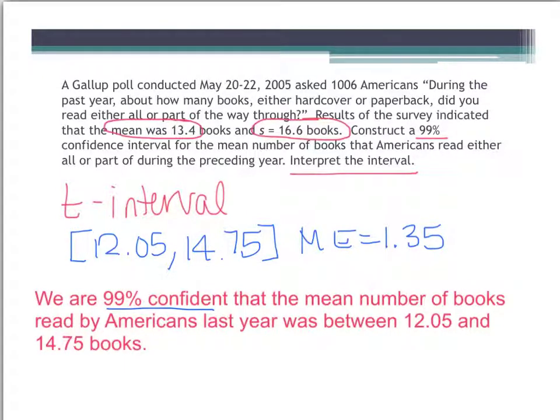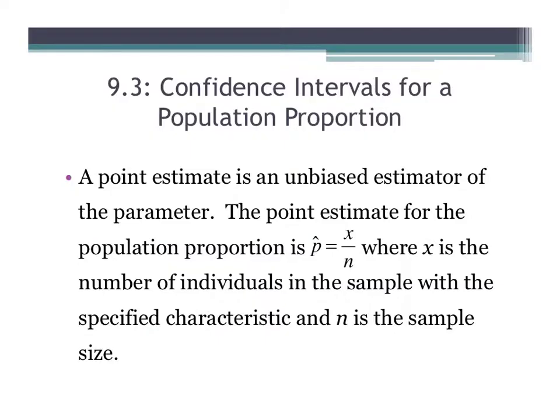And then what are you confident about? Well, we're confident about the mean of what books read by Americans. Be specific in the context, and then you always end by saying between and then what we're talking about. So we'll always say books. So make sure in your interpretations that you are specific about the context that you're discussing.